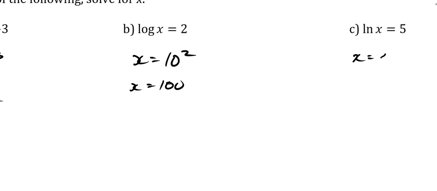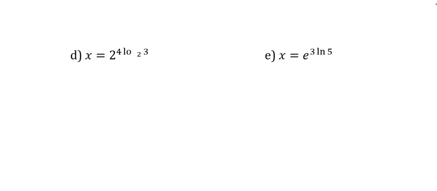So x equals e to the 5, which works out to 148.4, but we'll leave it as e to the 5 as an exact answer. Okay, I hope I'm not going too fast. Okay, 2 to the 4 log base 2 of 3. So this whole thing is in the exponent. What's going on here?